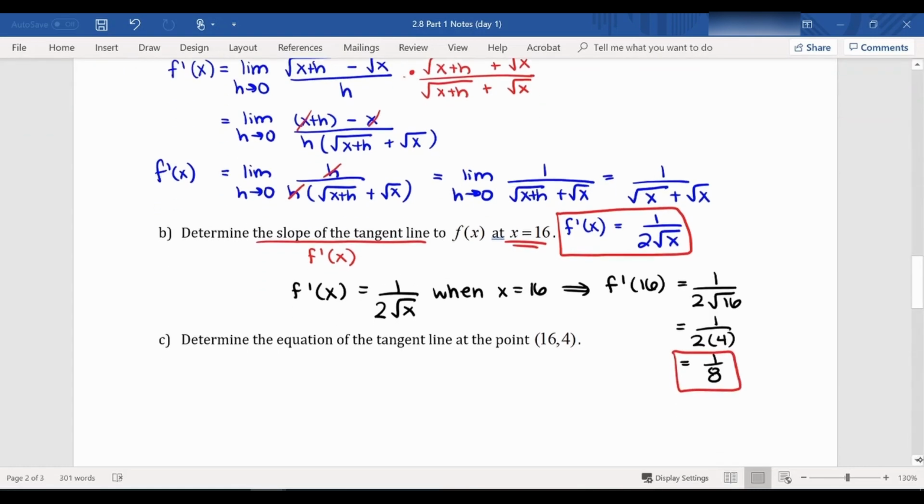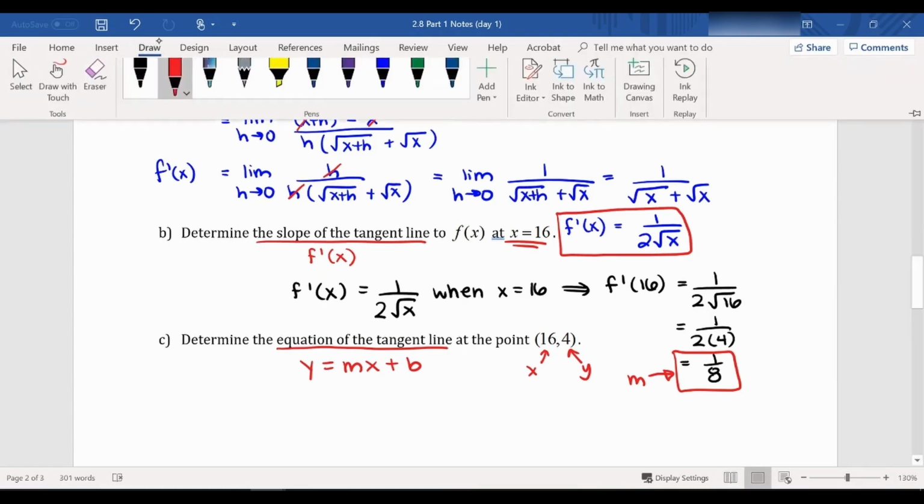Okay. Now, if we want to determine the equation of the tangent line, remember this is y equals mx plus b. We have an x, we have a y, we have an m. Our m is our slope of our tangent line when x is 16. So m is the 1 over 8. We need to find b.